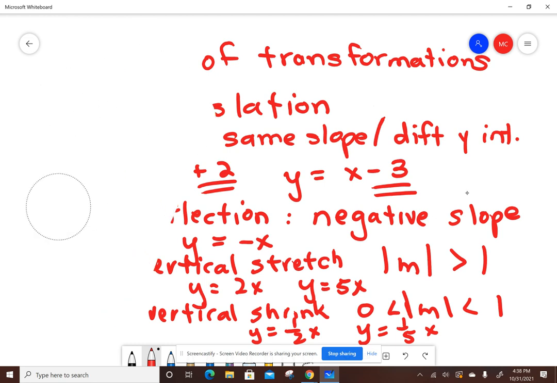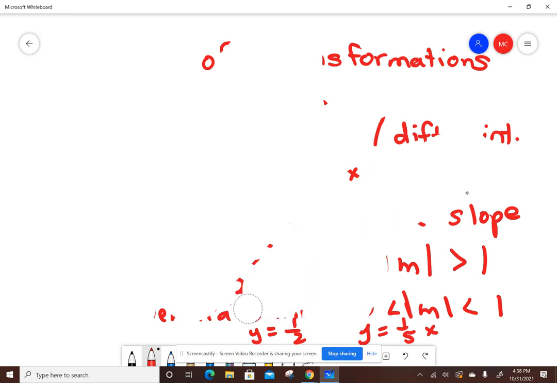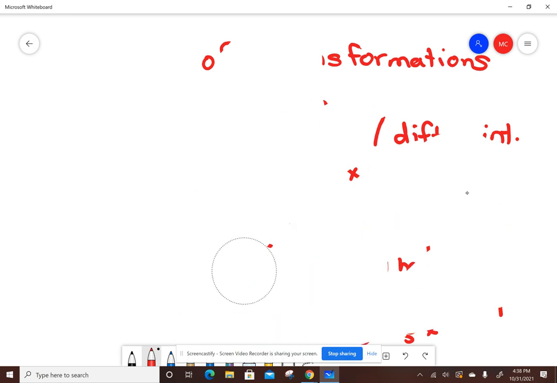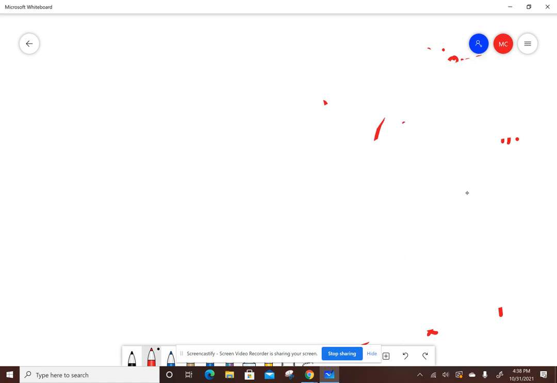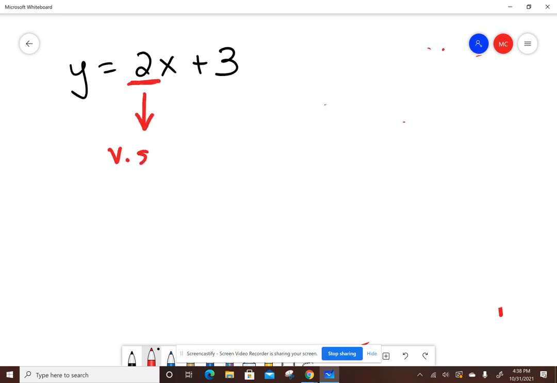Now, remember that most linear equations would be a combination of these. So let's just go over a few equations and look at the type of transformations. So here, y equals 2x plus 3. So what types of transformations are occurring? Well, here, this would be a vertical stretch because the absolute value is greater than 1.